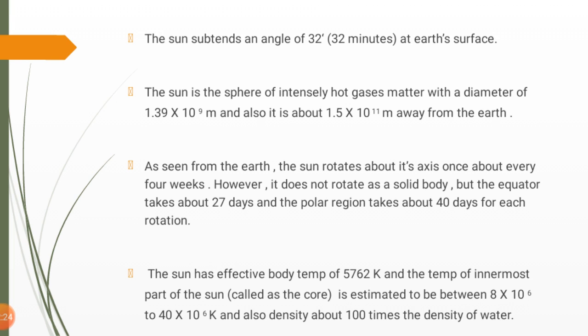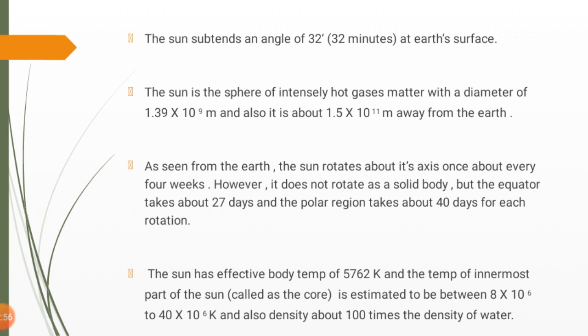You know that the sun consists of hot gases present inside the core, the innermost part of the sun, and the diameter of the sun is nearly 1.39 × 10^9 meters, which is very large compared to the diameter of the earth. And the distance between the sun and earth is about 1.5 × 10^11 meters. This is the distance between the sun and earth.